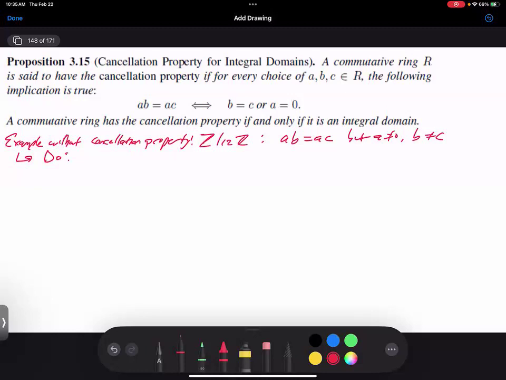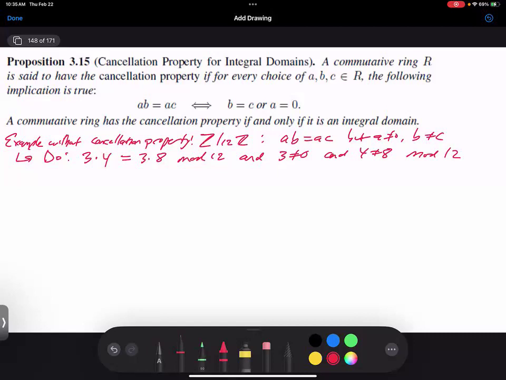Okay, so 3 times 4 equals 3 times 8 mod 12. And 3 does not equal 0, and 4 does not equal 8 mod 12. So we at least know that the cancellation property is not always true.